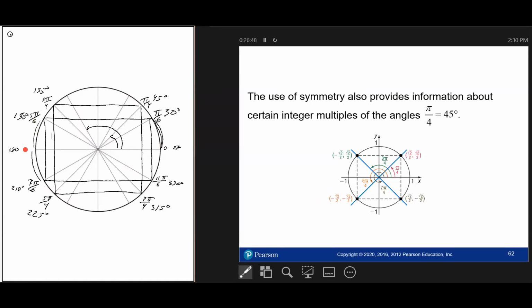This one here is pi minus pi over 6. This one here is pi plus pi over 6. So that's 1 more sixth than 1. 1 is 6/6, and so this is 7/6, where this is 5/6. Same thing happens over here with this one. This is 1/6 pi less than 2 pi. 2 pi is 12 pi over 6. So 1/6 less than that is 11 pi over 6.